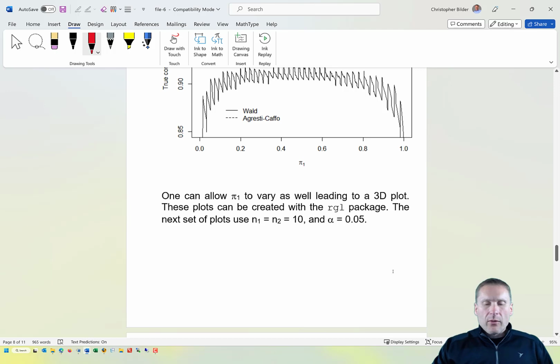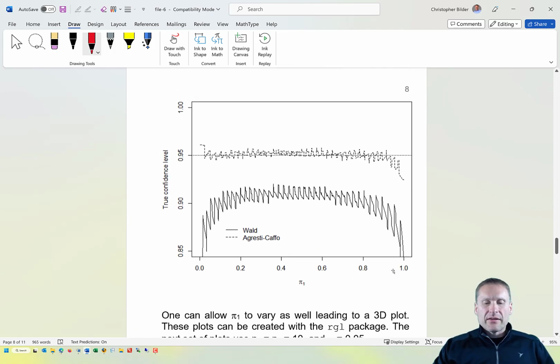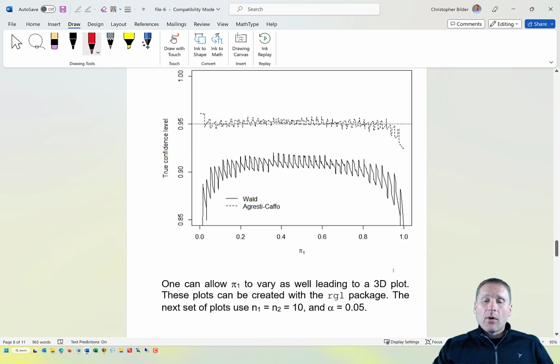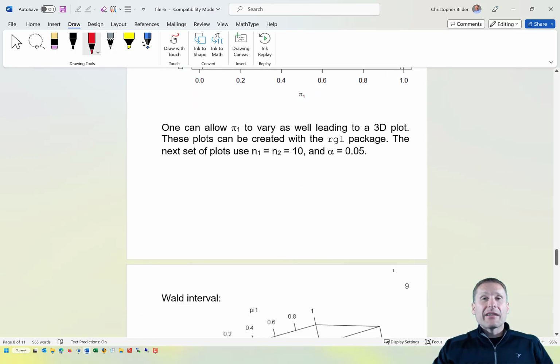Now you might be wondering, well, okay, here this is conditioned on pi2 being 0.3. What if you allow pi1 to be anywhere between 0 and 1 and pi2 to be anywhere between 0 and 1? Well, in order to do a plot like that, now we need to go to 3 dimensions, because now we're going to have a pi1 that varies, a pi2 that varies, and then also the true confidence level.